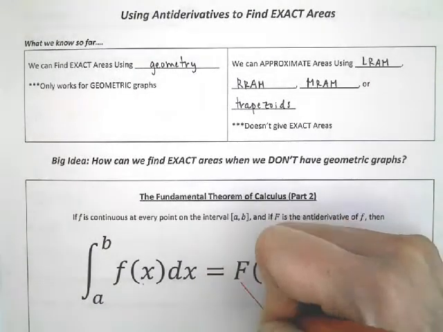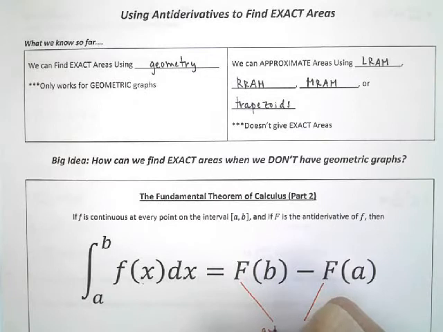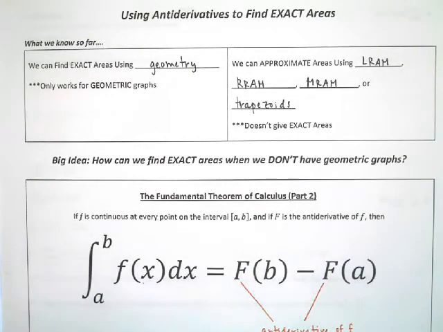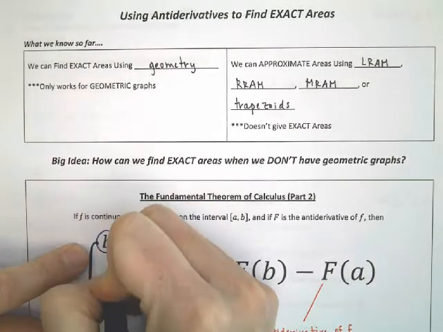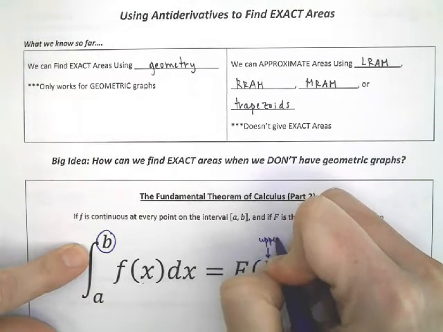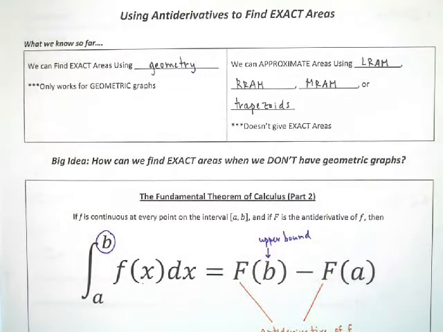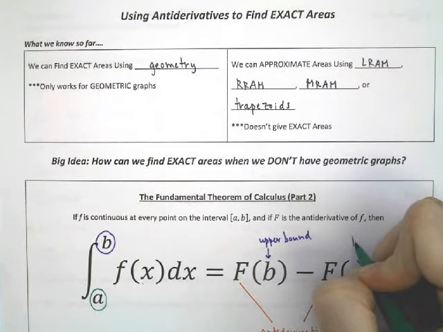So again, just to be really clear here, these capital F's are the antiderivative of our function f, and then my b is my upper bound of integration, and a is my lower bound.